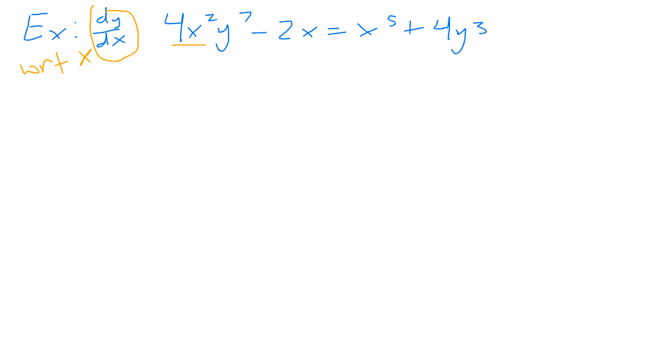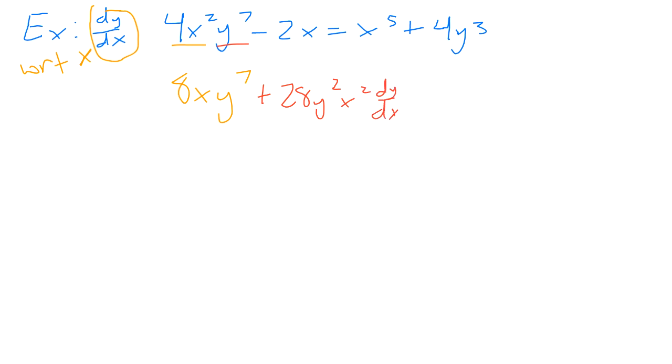We have x squared derived as 2x, so we're going to be left with 8x y to the 7th. And then we're going to derive in terms of y with respect to x. So in this case, we get 7 times 4, which is 28, y to the 6th times x squared dy over dx.